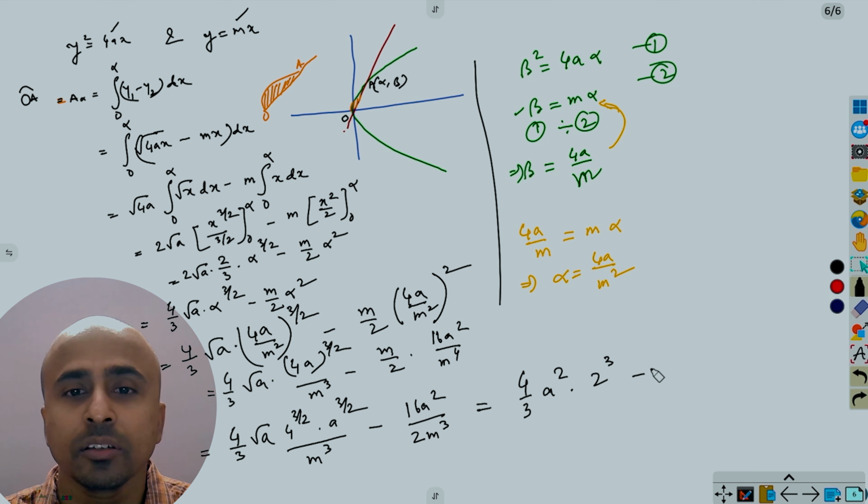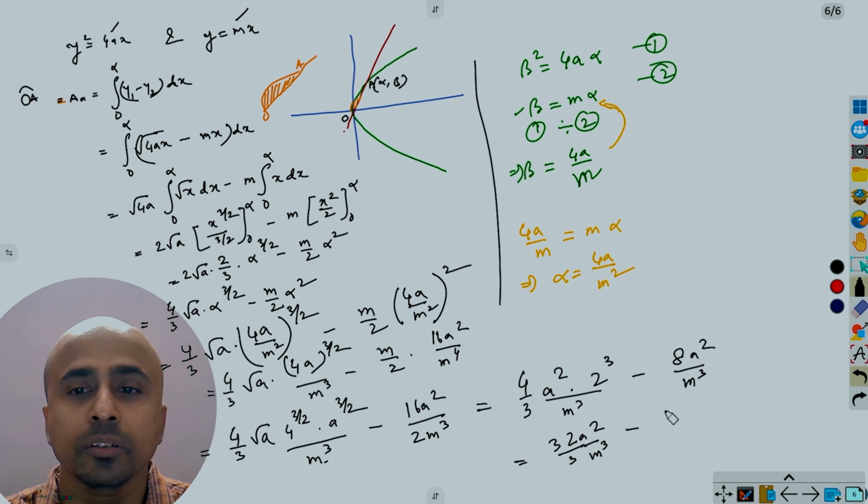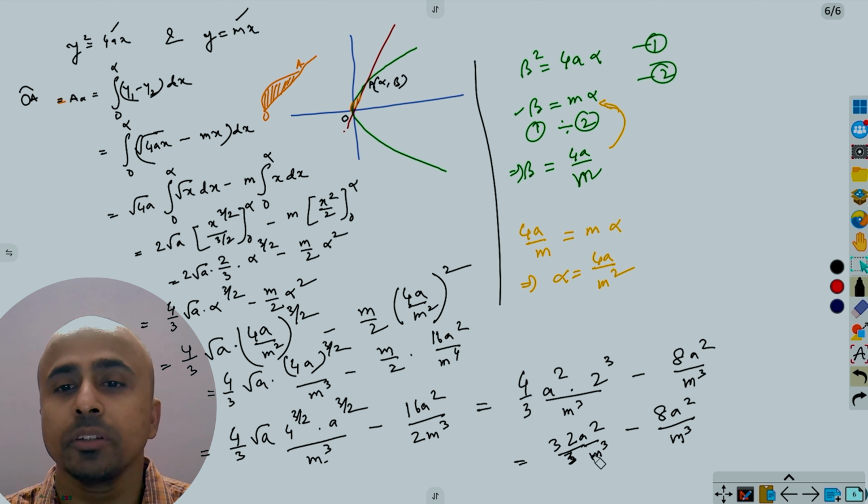So this is basically 8 a square by m cube. We also have one m cube here. So this is basically 32 a square by 3 m cube minus 8 a square by m cube. So 32 by 3 a square by m cube.